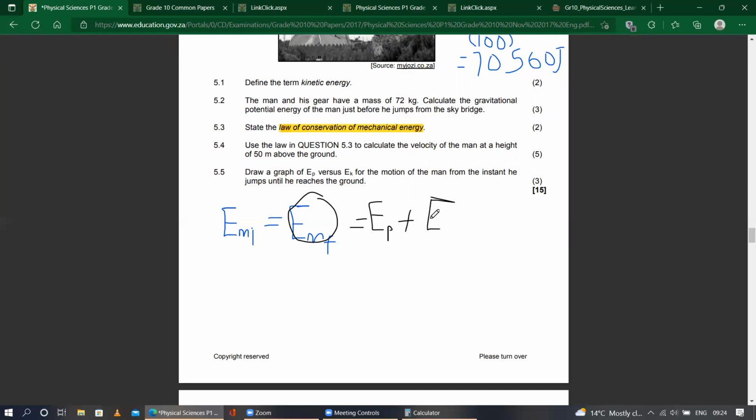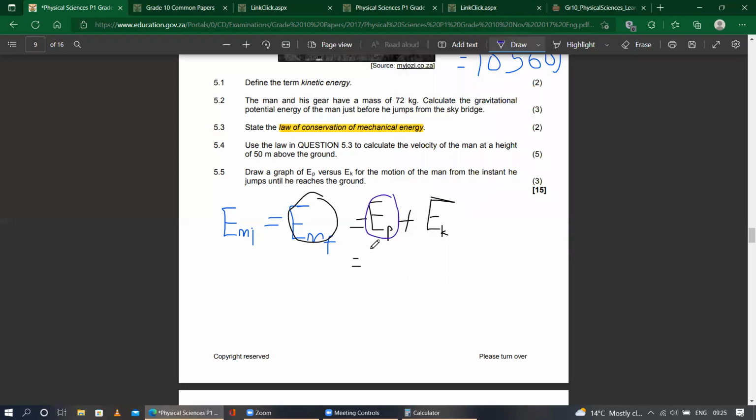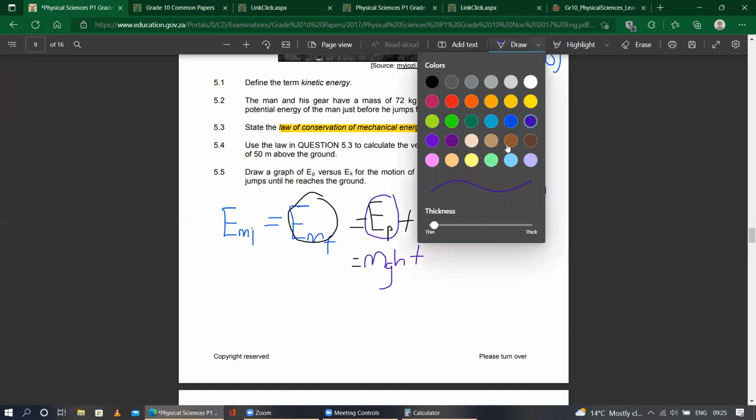Am I right? Then it's all about expanding the equation. Because EP is going to be mgh, and then EK is going to be half mv squared. Exactly. Okay, I see.